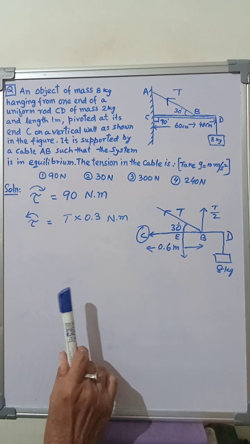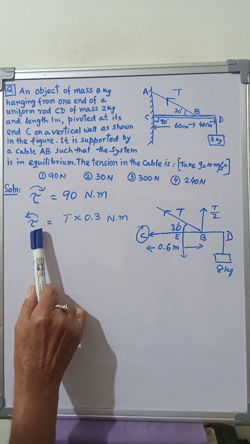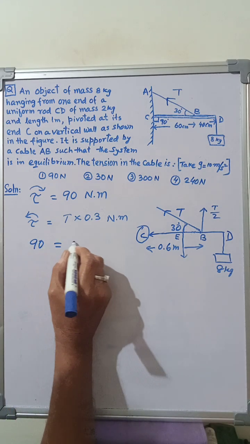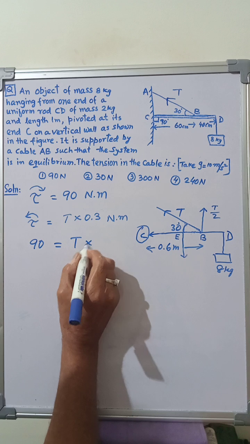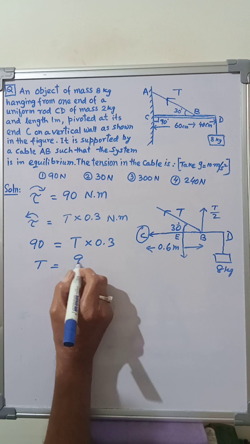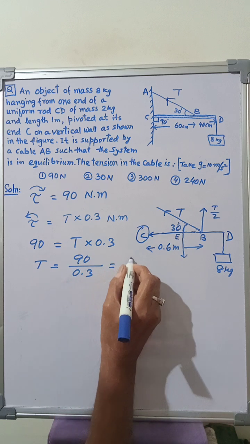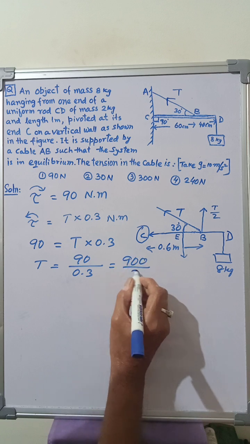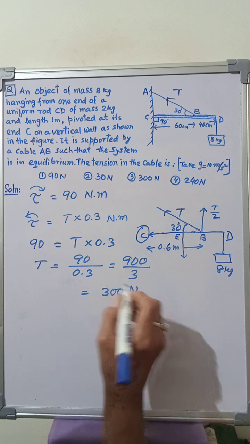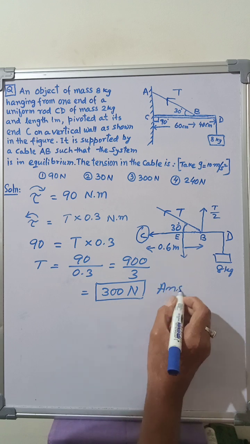Therefore, for equilibrium, the total clockwise torque should be equal to the total anti-clockwise torque. That is, 90 should be equal to T into 0.3, which gives T equal to 90 divided by 0.3, which is equal to 900 divided by 3, which is equal to 300 newtons, which is the answer to the question.